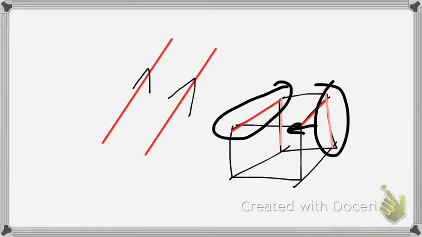If I were to shift that one over to the left, as you can see, they would actually intersect right there. So when they don't intersect because they're not in the same plane, they're called skew. When they don't intersect because they'll never intersect, they're called parallel.